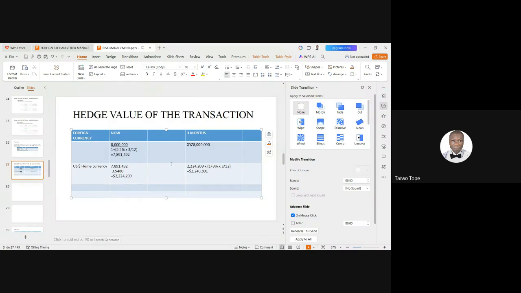So this is the step to hedge. This is the step we need to follow to hedge when it involves receipt.